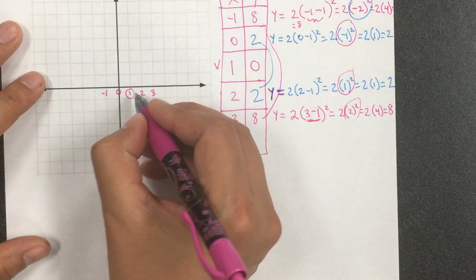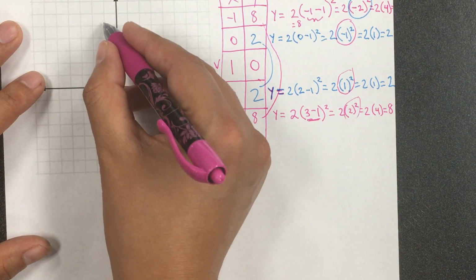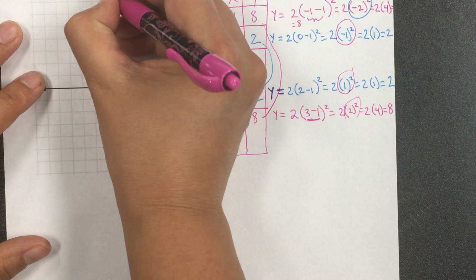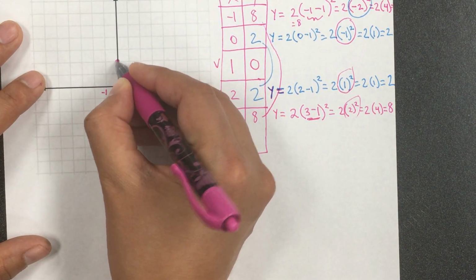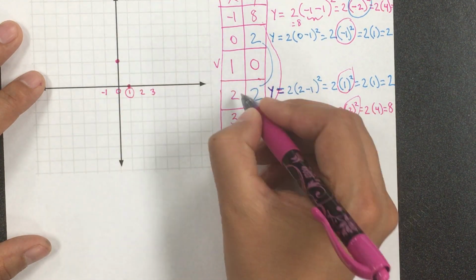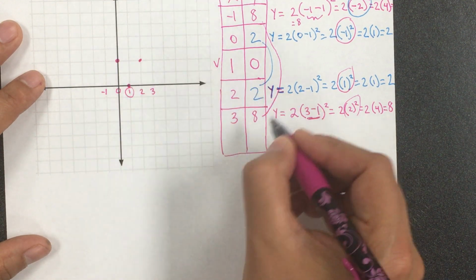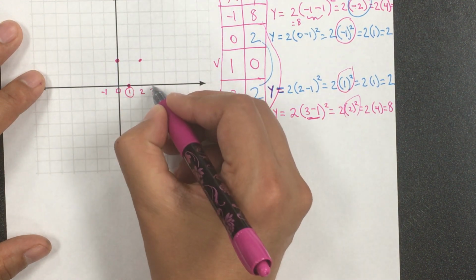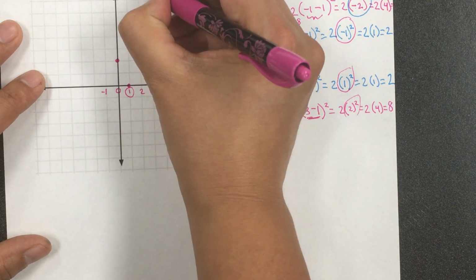So -1, 8. -1, 1, 2, 3, 4, 5, 6, 7, 8. Right here. 0, 2, 1, 0, 1, 2, 2, 1, 2, and then 3, 8. 1, 2, 3, 4, 5, 6, 7, 8.